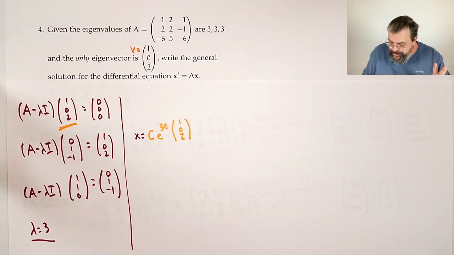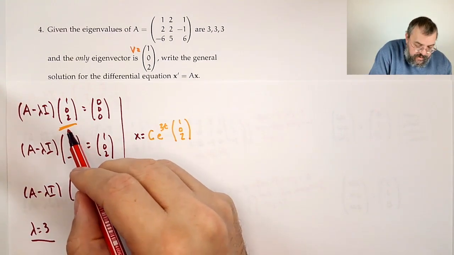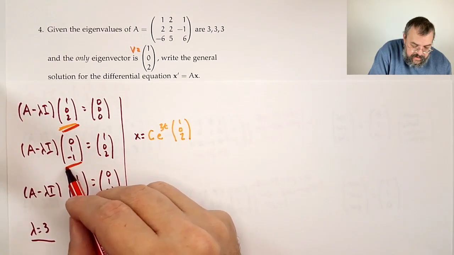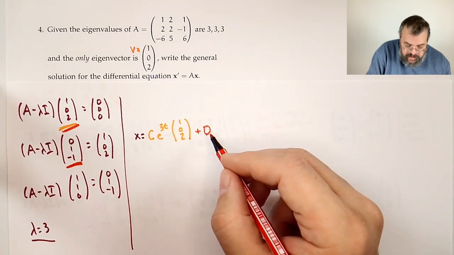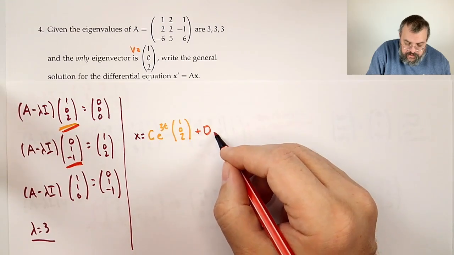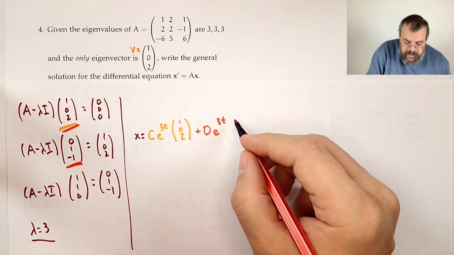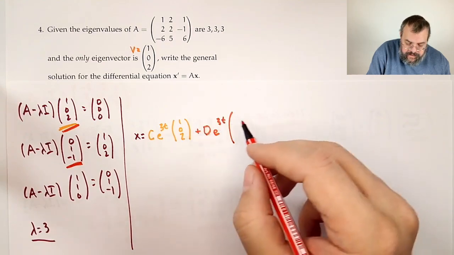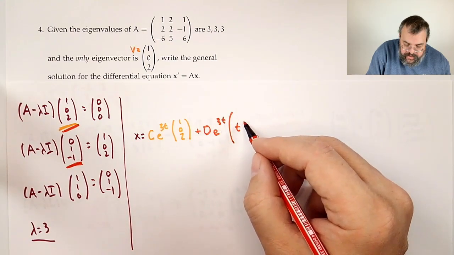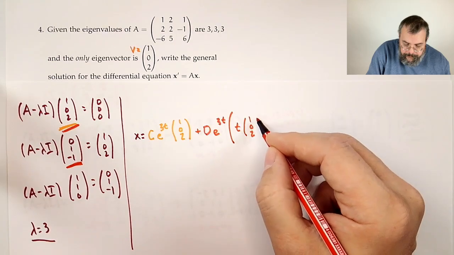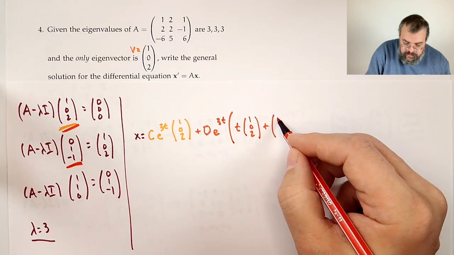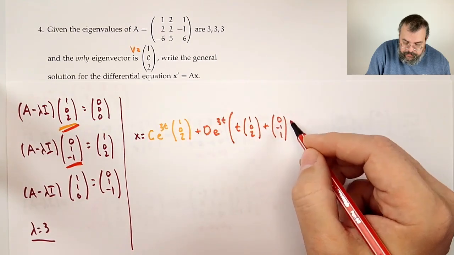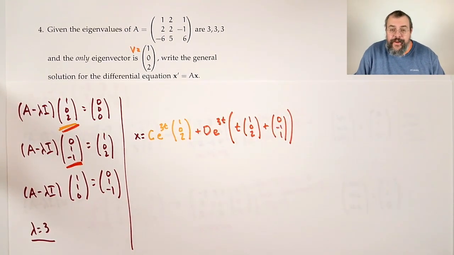Now level 2. So level 2 is we're going to bump, and we're going to use both our eigenvector and our next vector up. So we're going to have plus d, again, e to the 3t. And here we take our eigenvector and multiply that by t, and then add this vector, plus 0, minus 1, 1. Okay, good.